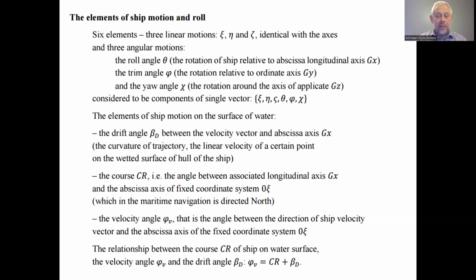We thus have to consider six elements of the motions: xi, eta, and zeta identical with the axes, and the three angular motions: the roll angle, theta, the rotation of the ship relating to the abscissa, the longitudinal axis Gx; the trim angle, phi, the rotation related to the ordinate axis Gy; and the yaw angle, chi, the rotation around the applicate axis, considered as the components of a single vector.